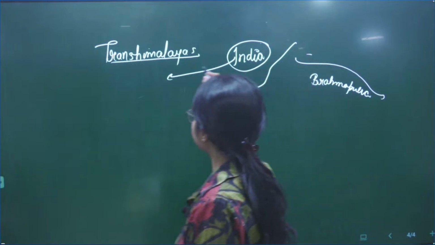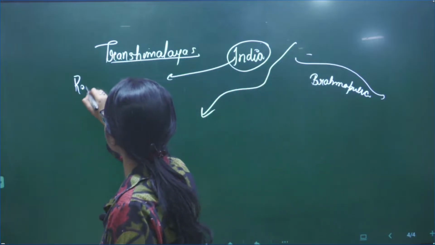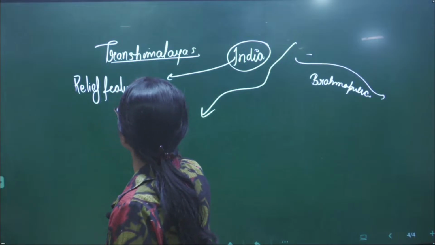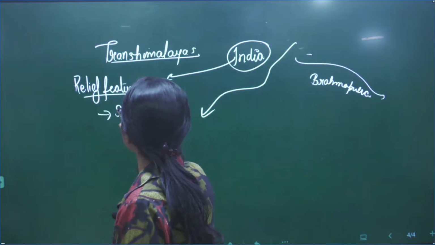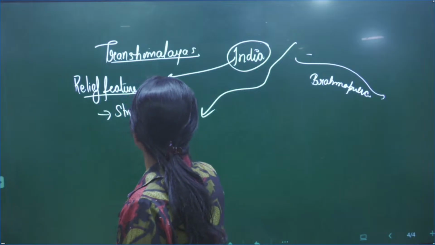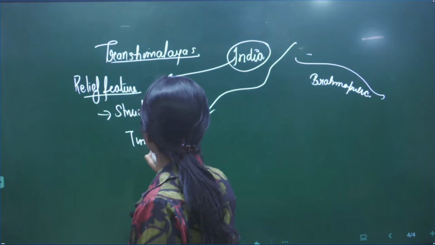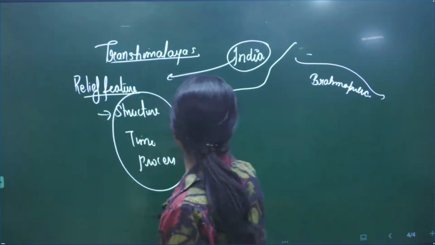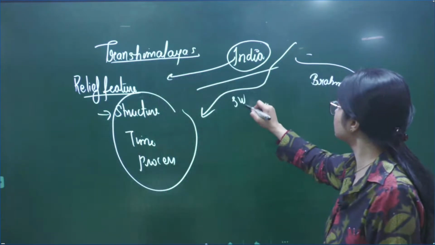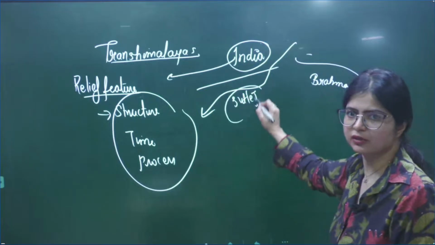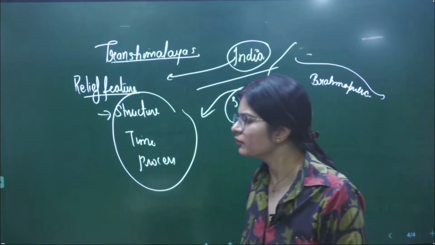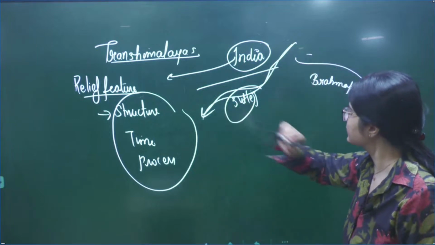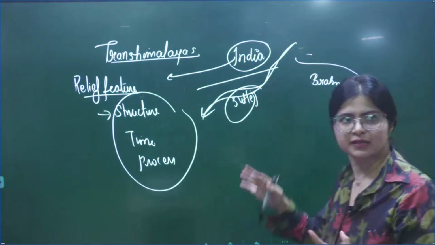And as I told, the relief feature of India is a matter of structure, time, and process. That means they were already present, Satluj, Indus, Brahmaputra. In that case, आपका Himalayas नहीं बना था.